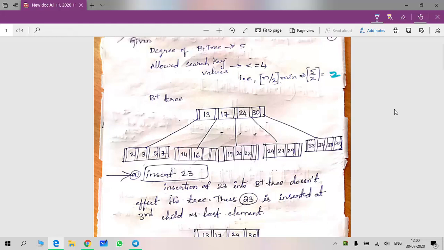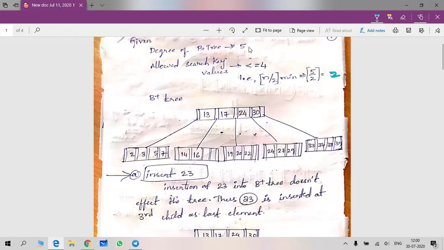So if we are having 5 children, then it is a 5 ordered B plus tree. Then it must have a maximum of M minus 1 values in it. So let us consider the scenario here, where the degree of the B plus tree is 5.